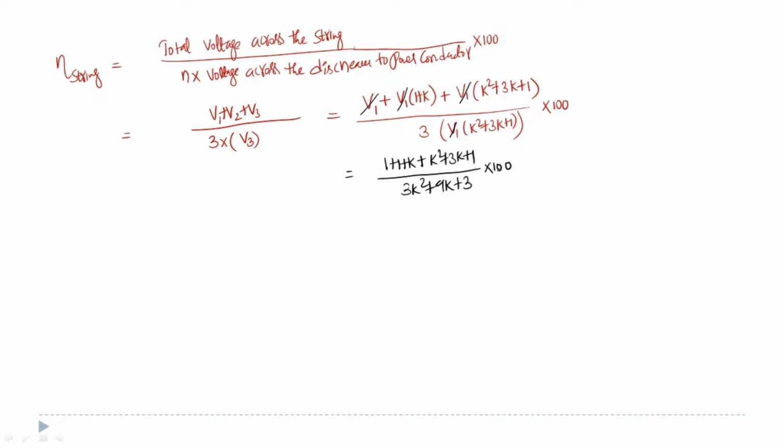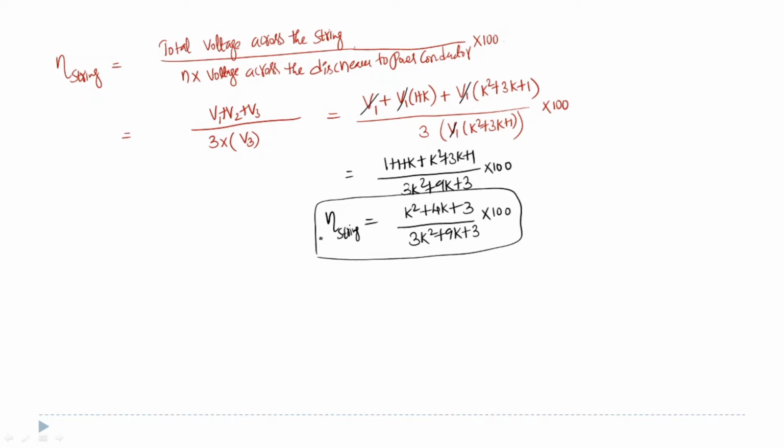Multiplied by 100, it is equal to: you have K square term, so plus K square, and 3K plus K, which is 4K, plus 1 plus 1 plus 1, which is 3. So K square plus 4K plus 3 divided by 3K square plus 9K plus 3, multiplied by 100. This is the expression for string efficiency in terms of the ratio between mutual capacitance and self capacitance.